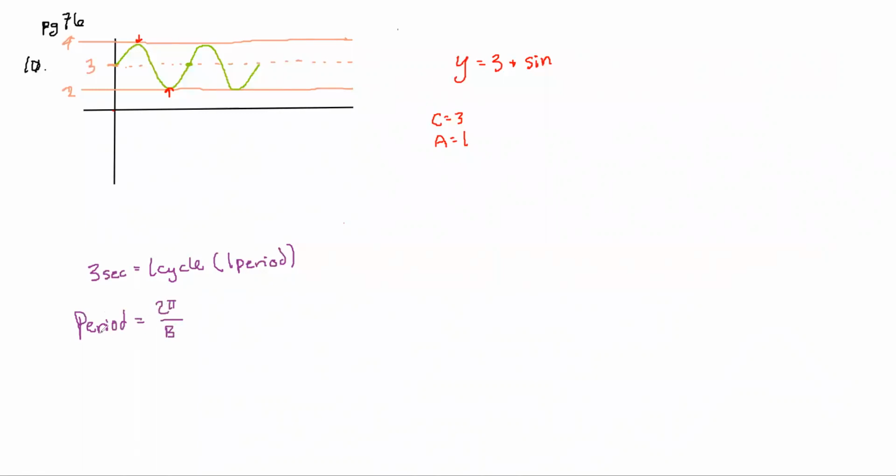I know that my period is equal to 3 seconds, and now I have this equation where I only have one variable, so I can solve for b. I would multiply both sides by b, and I'd have 2 pi is equal to 3b. And I would divide both sides by 3, so I'd end up with 2 pi over 3 is equal to b.